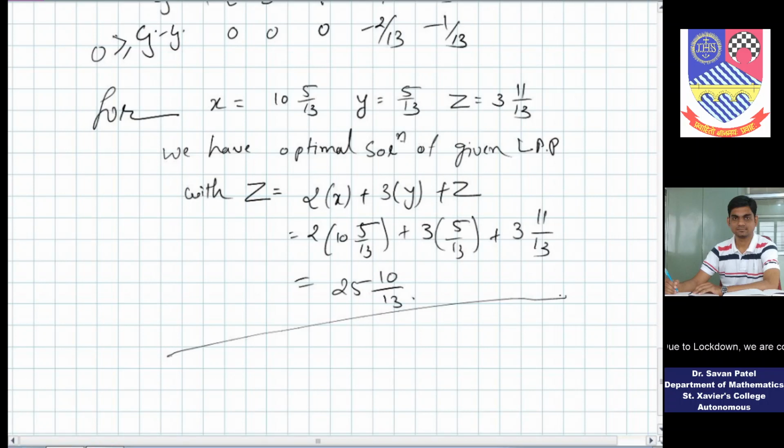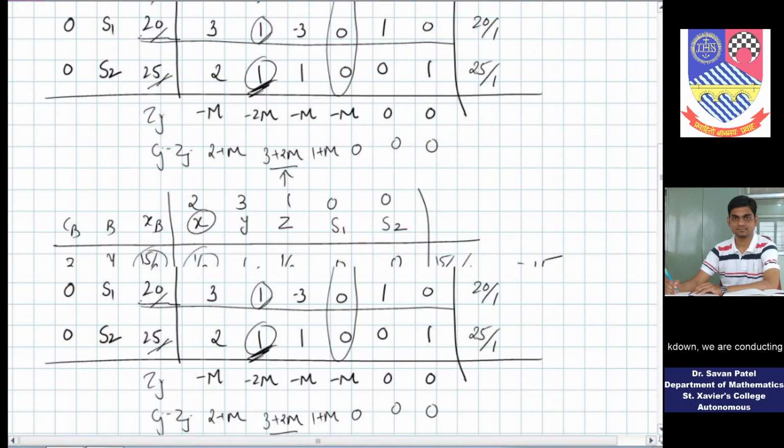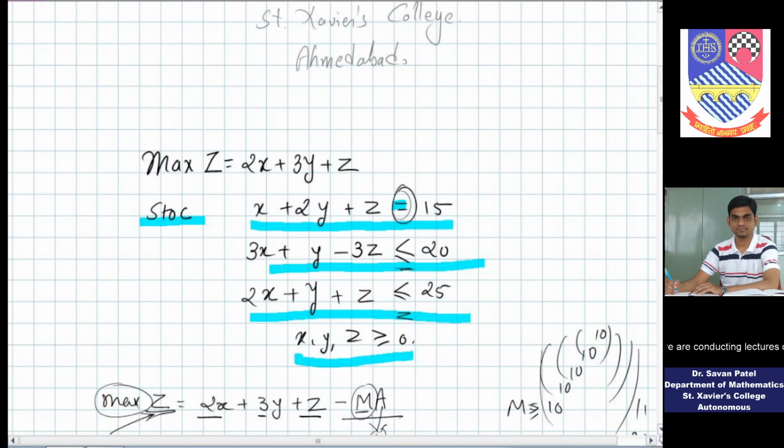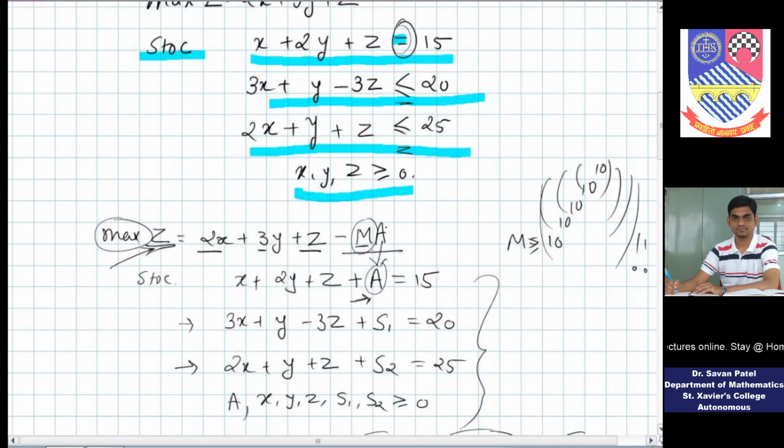So we have seen that when we are having a constraint with the equality sign, we can introduce an artificial variable if our objective is to maximize something. In that case, the coefficient of the artificial variable will be minus M, and that M is too large, meaning any number beyond whatever we can think.